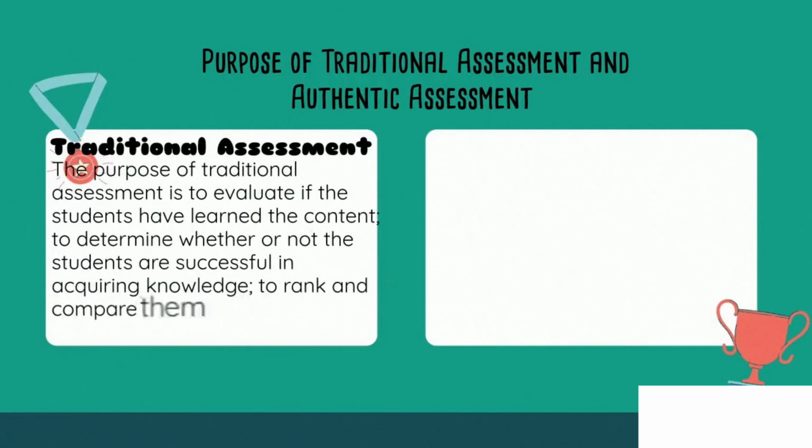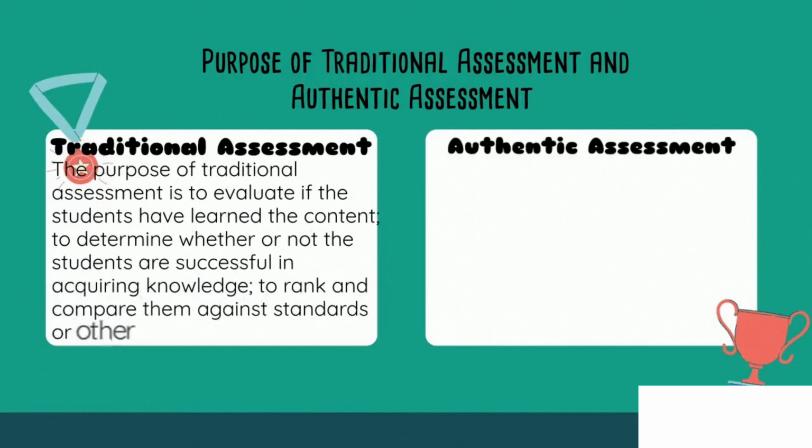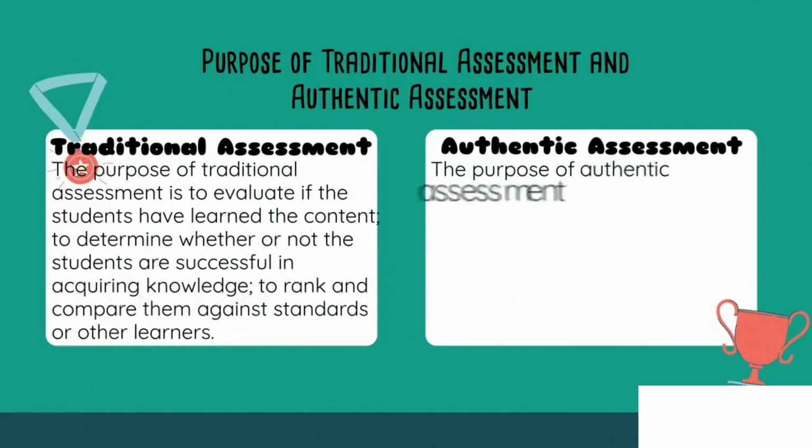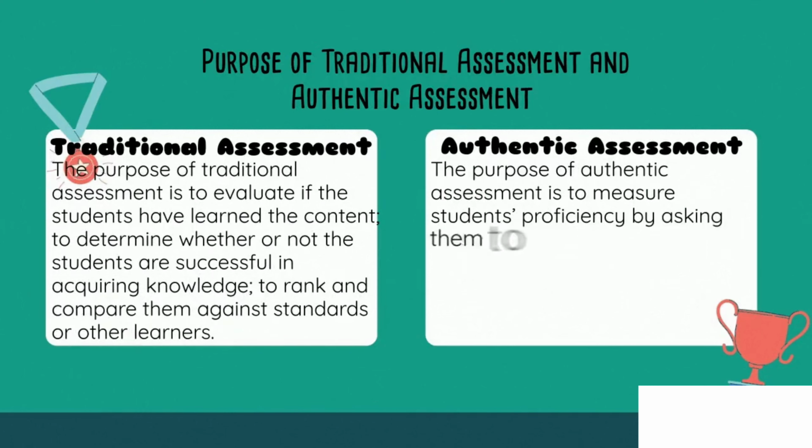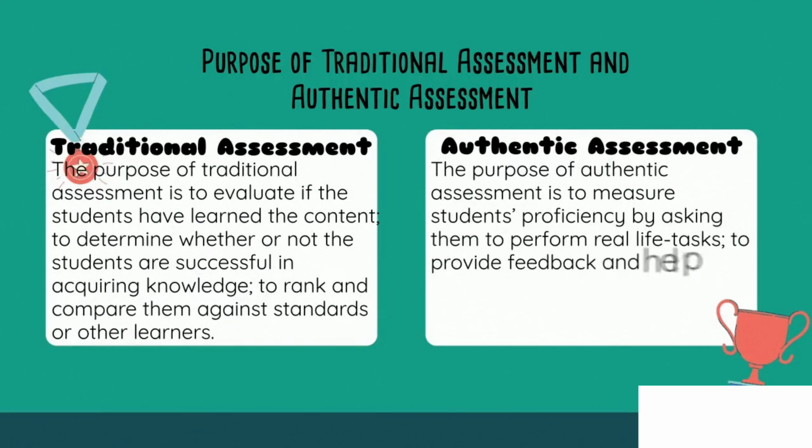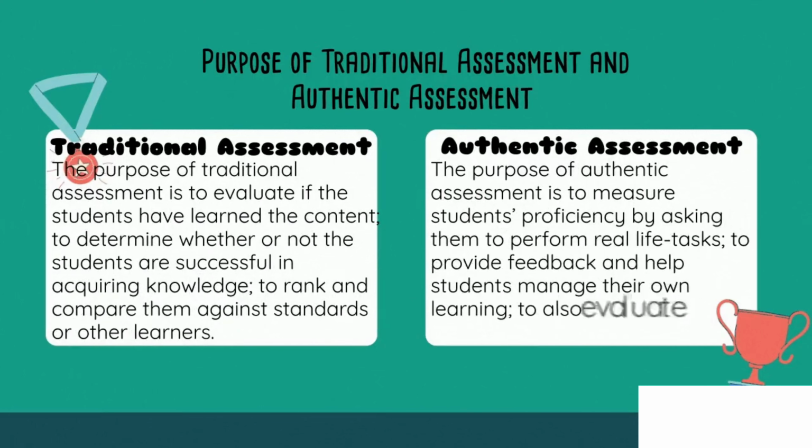While the purpose of authentic assessment is to measure students' proficiency by asking them to perform real-life tasks, to provide feedback and help students manage their own learning, and also to evaluate students' competency.